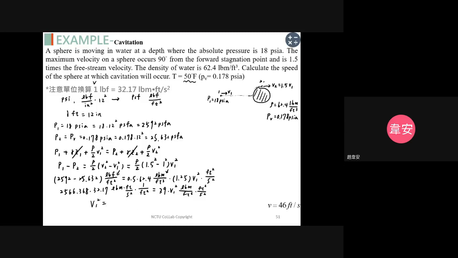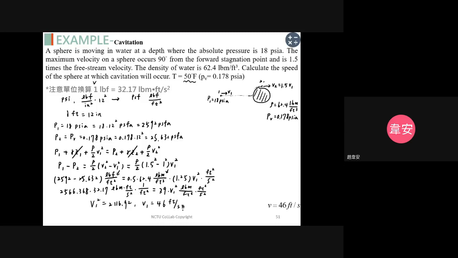So V1 squared finally is equal to 2116.92, and then we take the root, and finally we know that V1 is equal to 46 ft per second.